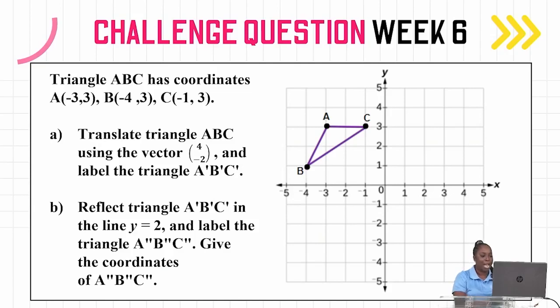Then you are asked to reflect triangle A prime, B prime, C prime in the line y equals 2 and label the triangle A double prime, B double prime, C double prime. Give the coordinates of the second image, A double prime, B double prime, C double prime.